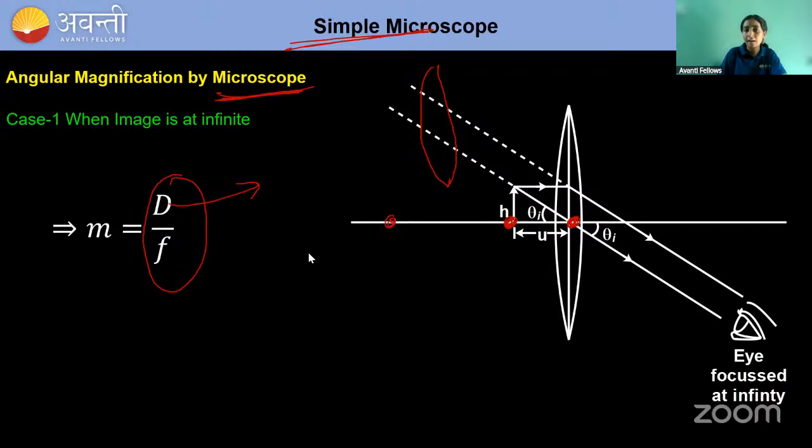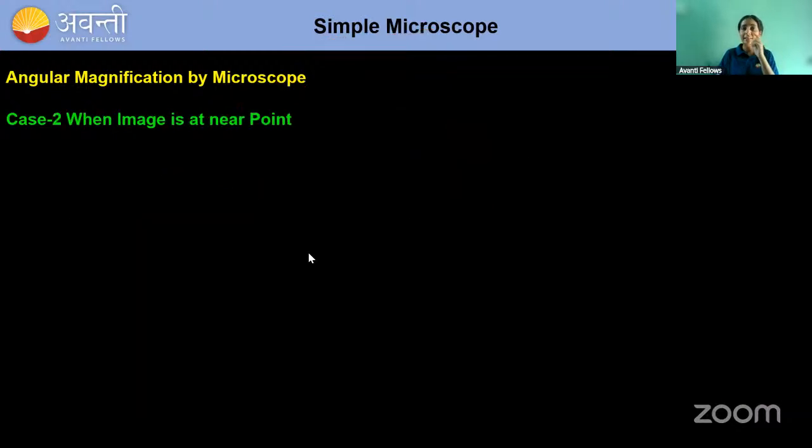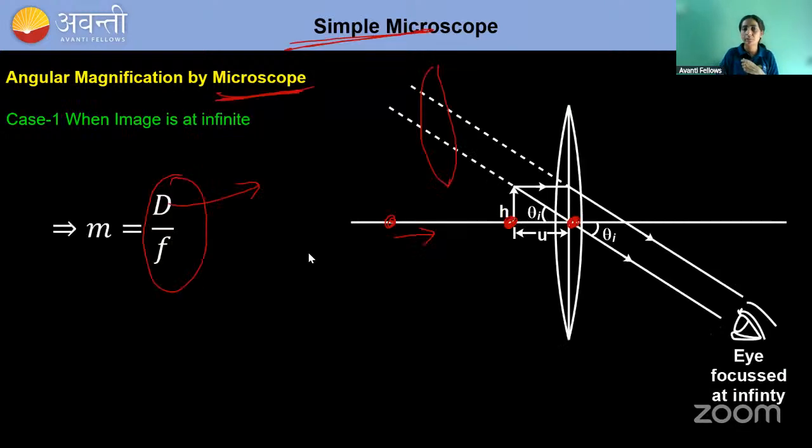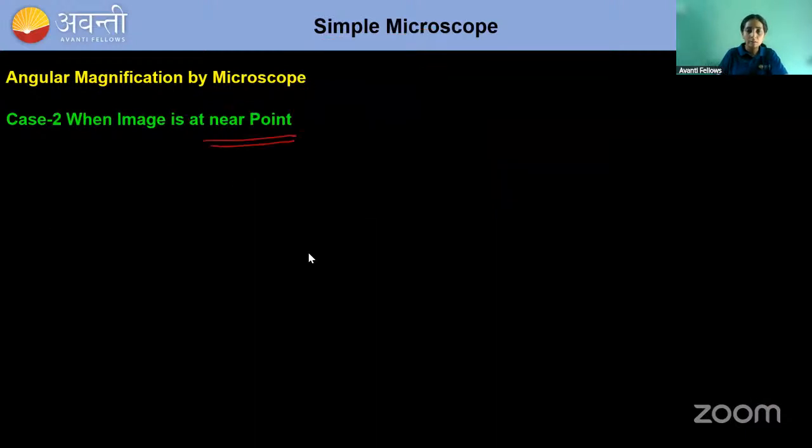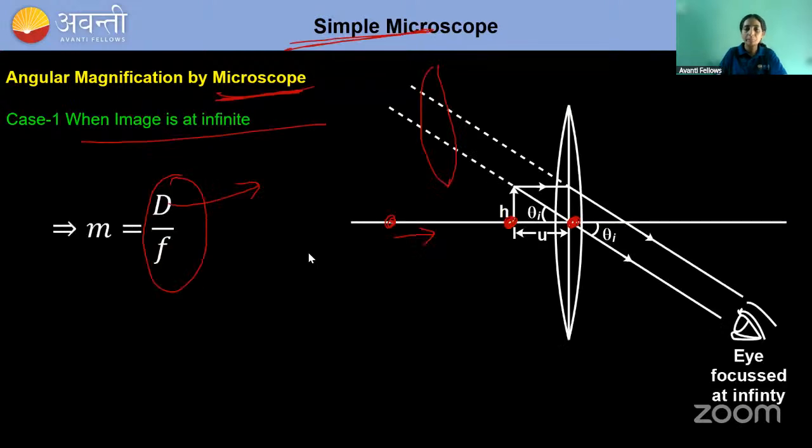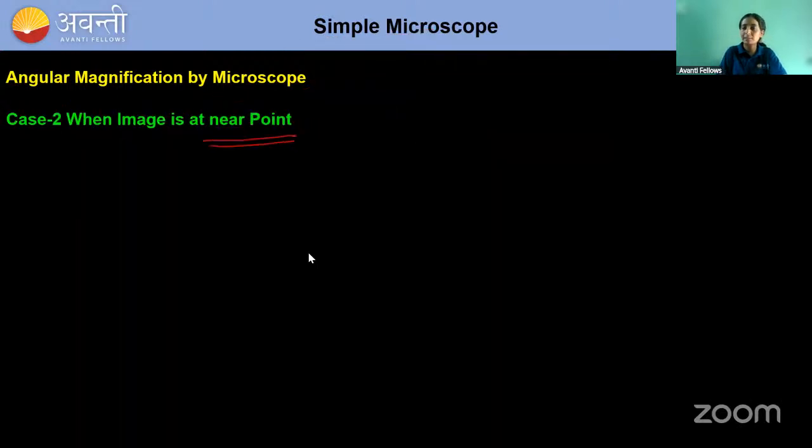If you bring an object very close, then you won't be able to see it. So d is that distance basically. Magnification is d by f. And then there is another case when the image is at near point. Here d was your near point. Now, first case, what was it? When the final image is getting formed at infinity. And the second case is when the image is at near point.